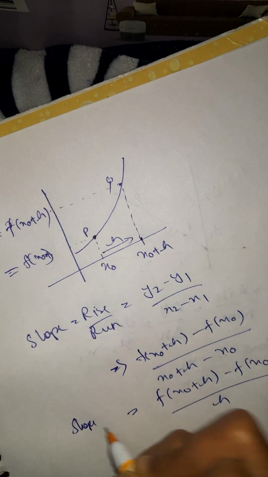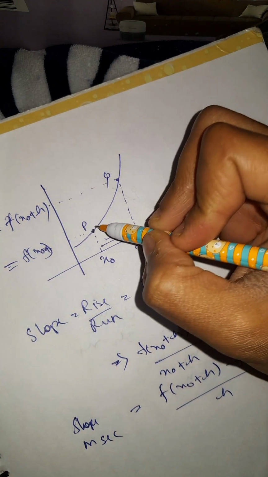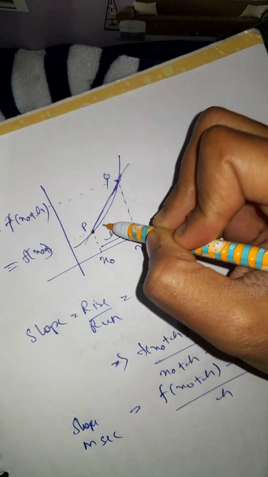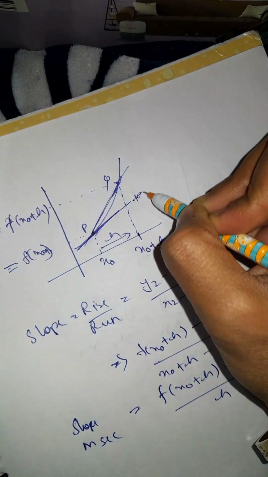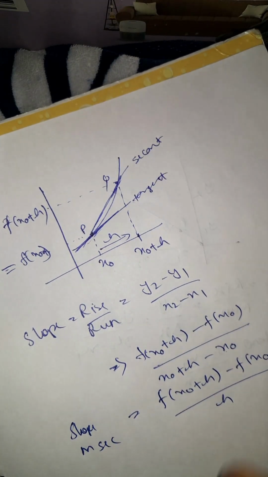This will be the slope, but this is called the secant. The slope will be formed like this and not like this. This is the original slope, which is known as the tangent of a function. This is called the secant of the function.